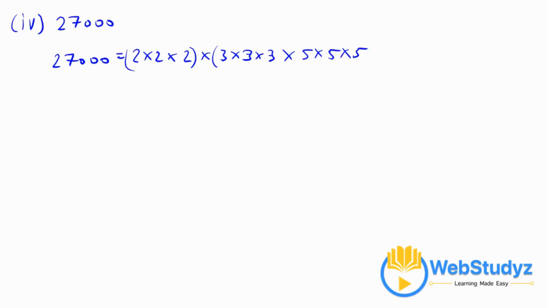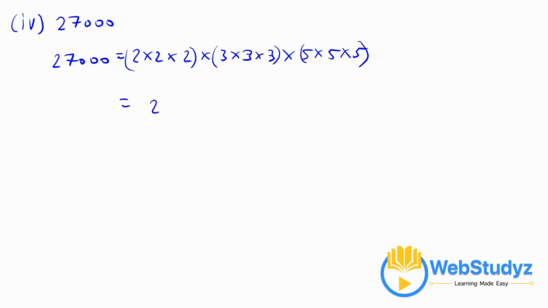Now move on to the fourth one, 27000. So the factors of 27000 are 3 times 2, 3 times 3, and 3 times 5. So we can make the group triplet of 2, 3 and 5.